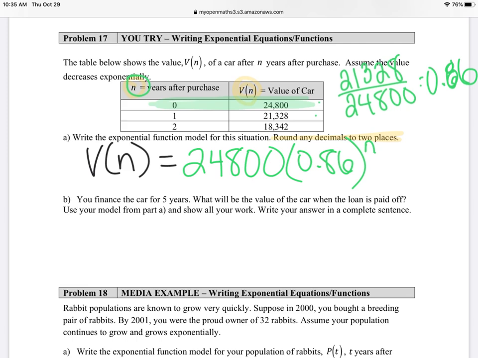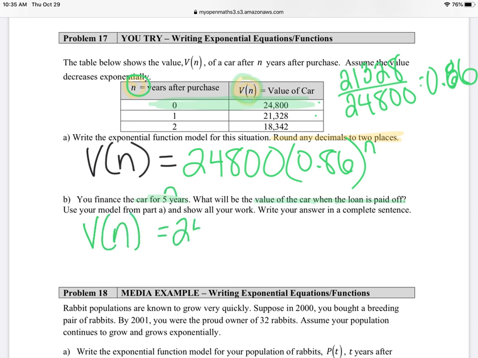Okay, so B says if you finance the car for 5 years, what will the value of the car be when it's paid for? So we're looking for value. If you look back up here, remember V of n represents value. N represents the years after your purchase. So if I was going to use this and figure out the value, I would be solving for V of n when I know the n is 5.